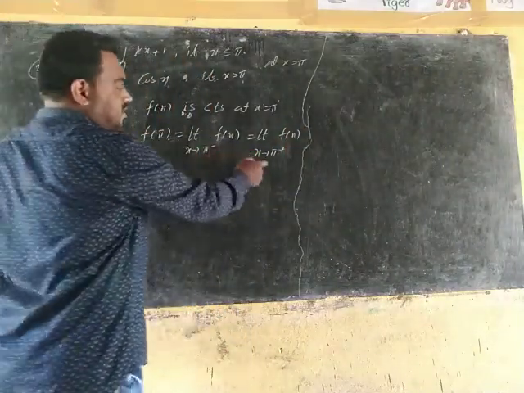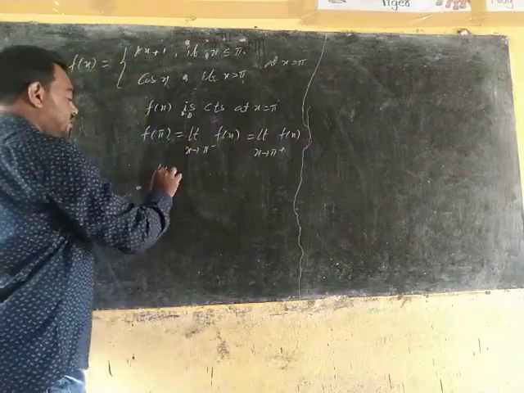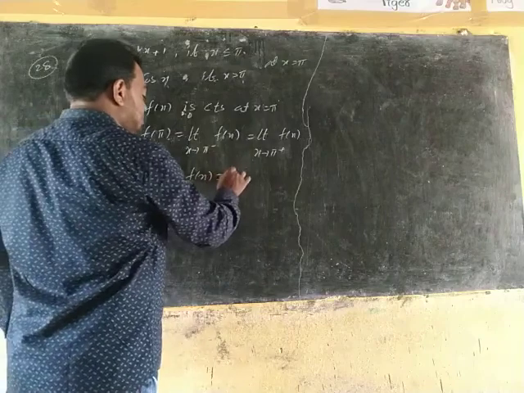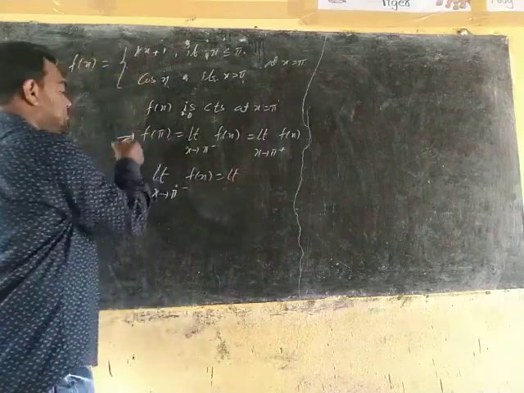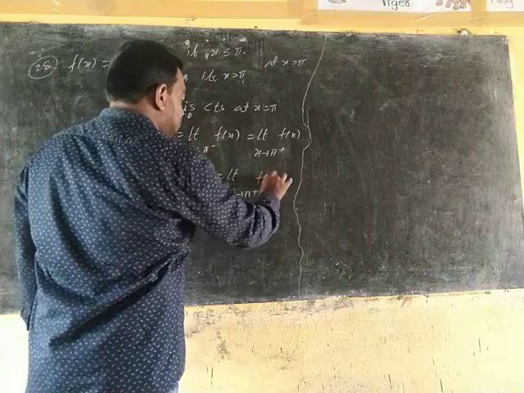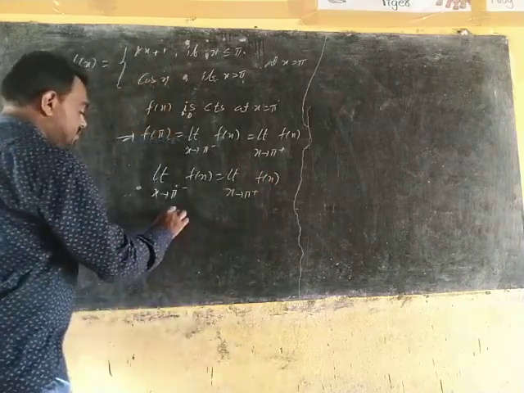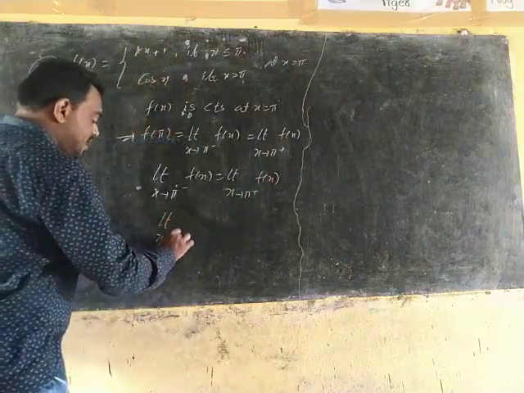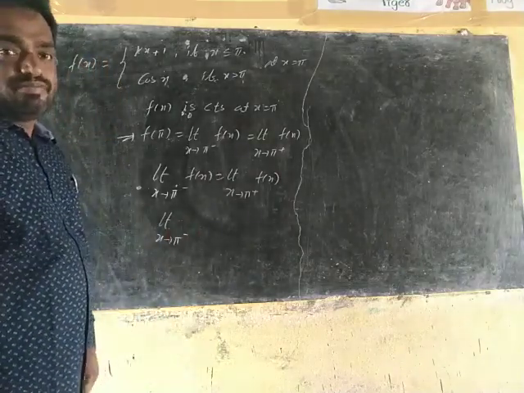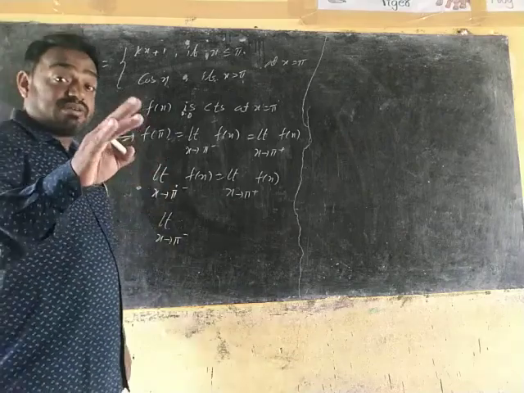Now you take this equality, the left hand and right hand limits. Limit x tends to pi minus of f of x is equal to limit x tends to pi plus of f of x. Limit x tends to pi minus: pi minus means x is less than pi, since from pi we are subtracting some value.